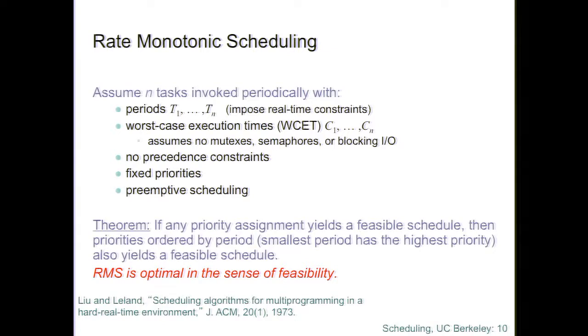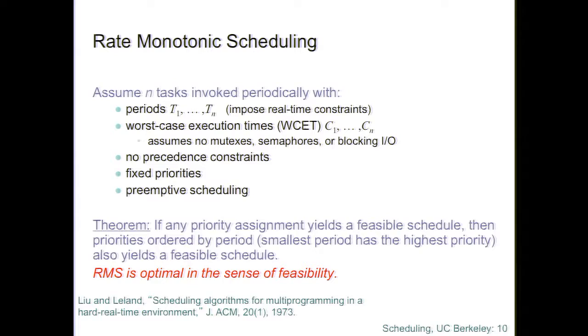Okay? So the theorem says, if any priority assignment yields a feasible schedule, then priorities ordered by period also yields a feasible schedule. Okay? This is very carefully worded. Right? It says that if you assign priorities by giving the task with the smallest period the highest priority, the task with the next smallest period the next highest priority, that assignment is at least as good as any other.